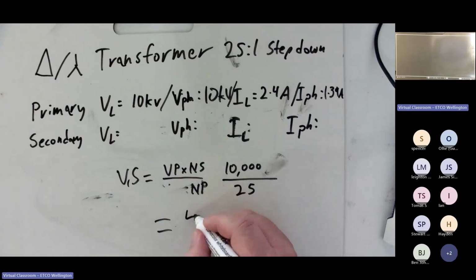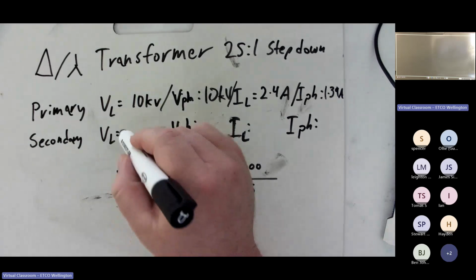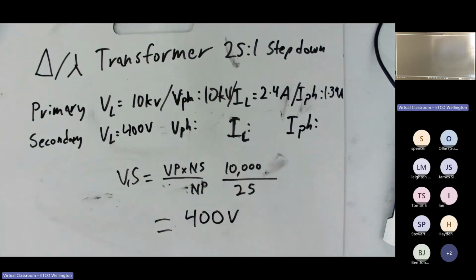Pretty much gives us standard 3-phase voltage of 400 volts. Cool, so we can take that and add that into our table, 400 volts.